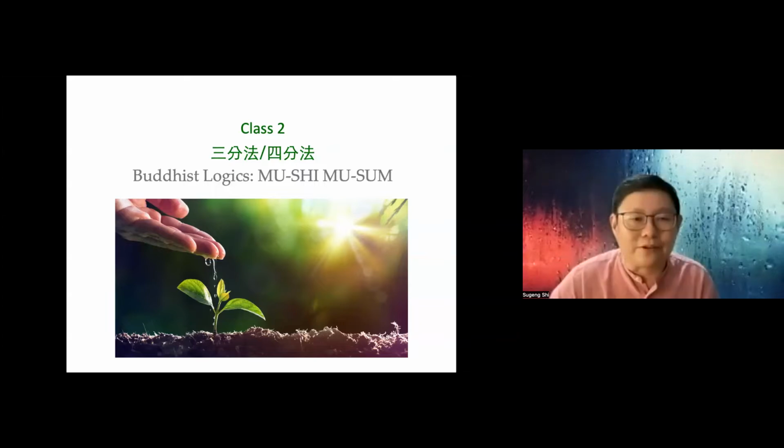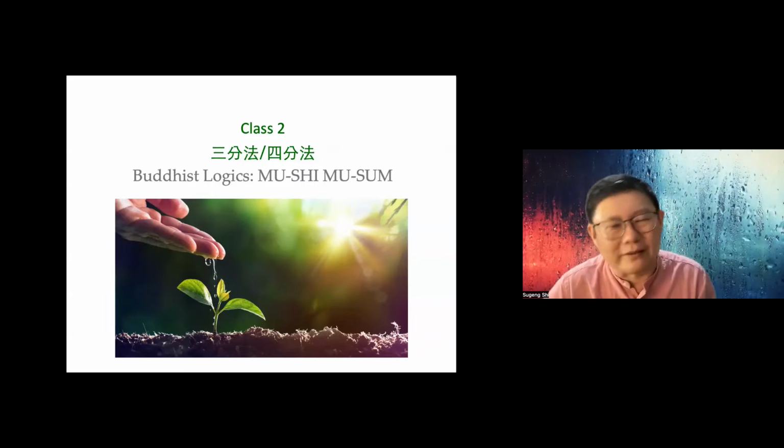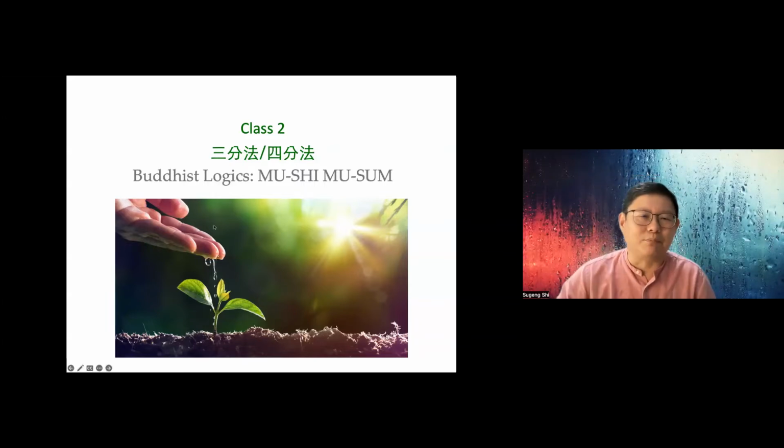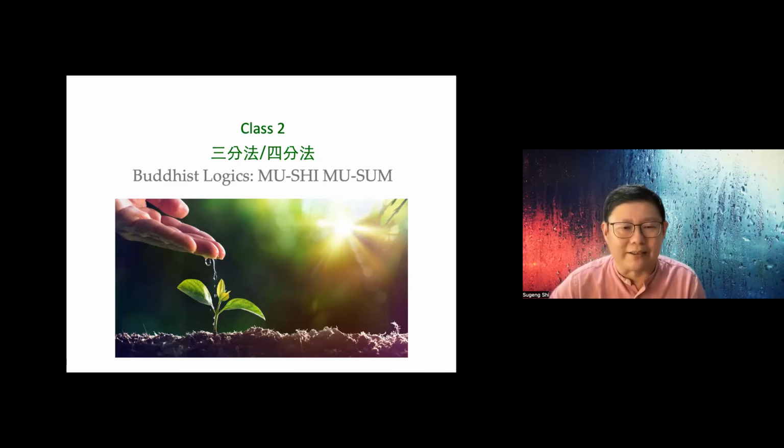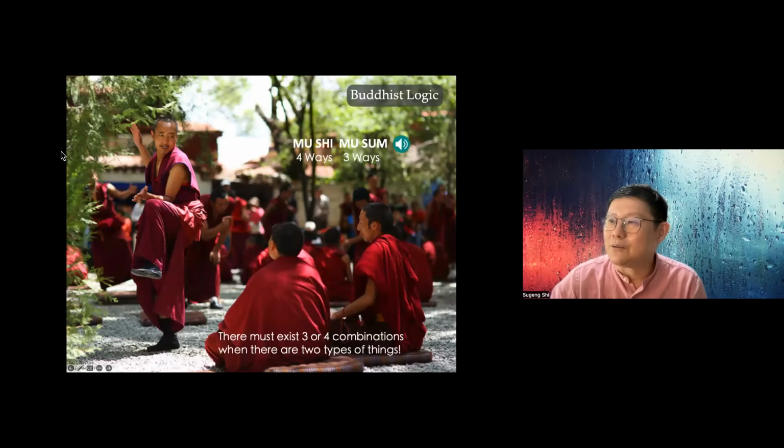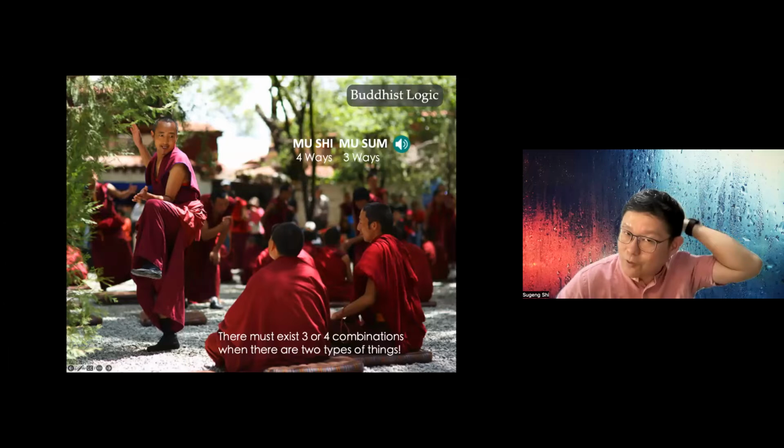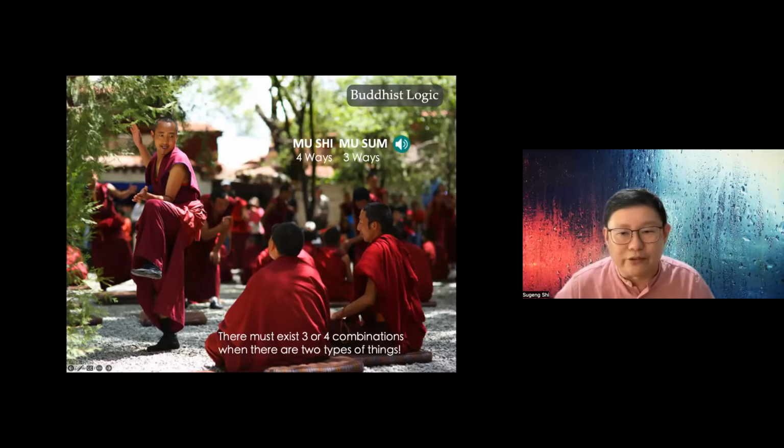All right, so class 2, the topic is Musi Musum, the Buddhist logic. In class 2 of ACI 1, Geshe Michael introduced this Buddhist logic of Musi Musum, four ways and three ways.